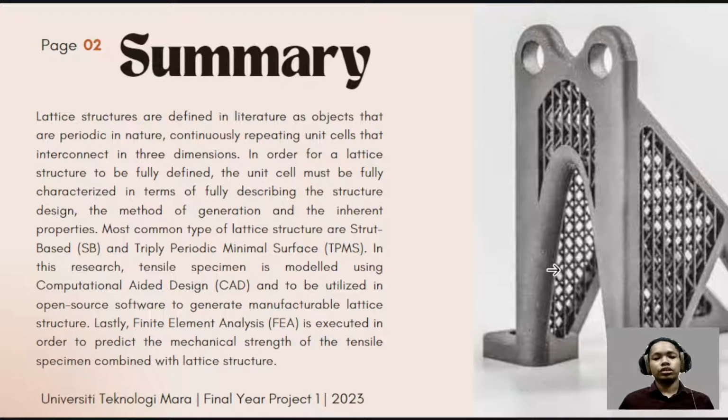For this project, the tensile specimen is modeled using computer aided design and utilized in the open software to generate manufacturable lattice structure. Last but not least, finite element analysis is executed in order to predict mechanical strength.